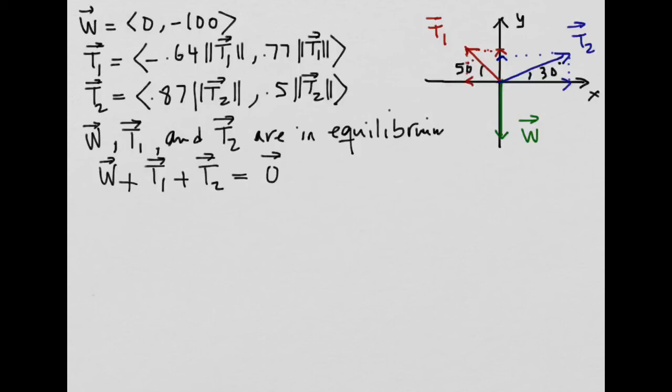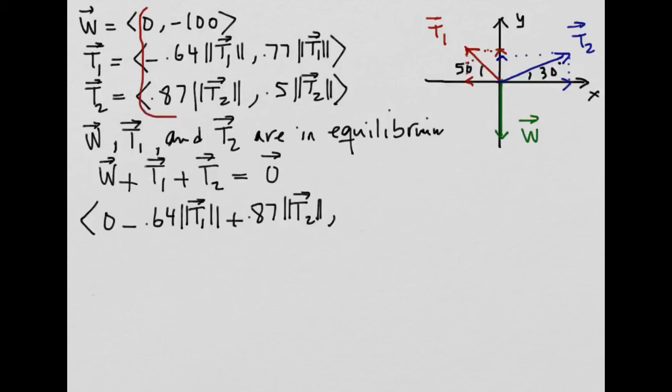So we have 0 minus 0.64 times the magnitude of T1 plus 0.87 times the magnitude of T2. What I did here is I added the x components of the three vectors. Now I'm going to add the y components.